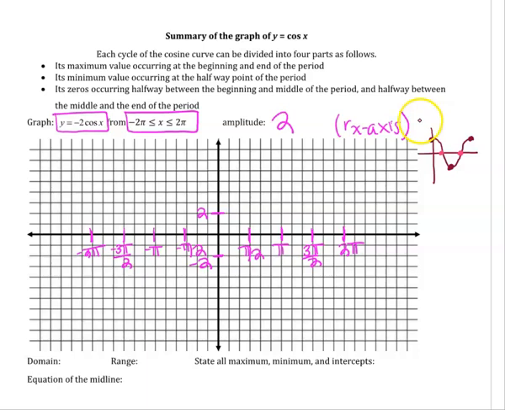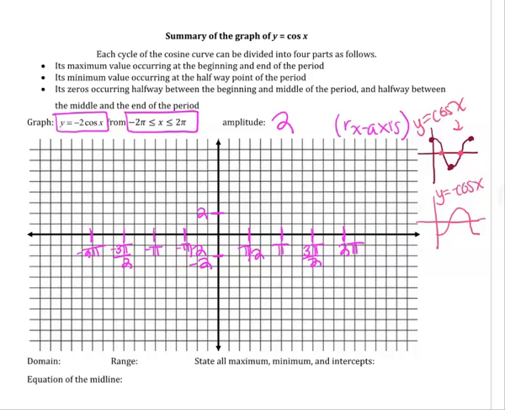Now here's the thing. If this is y equals cos of x, okay? Normally you start at a maximum. However, remember we reflected it? So that means that instead, you're actually going to start below and then finish below like this. So this is y equals negative cos of x.